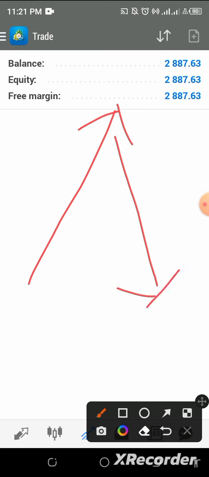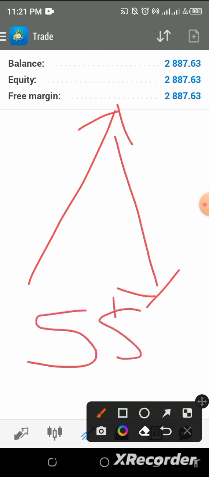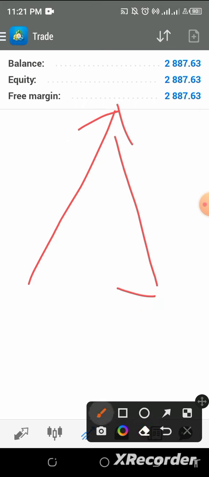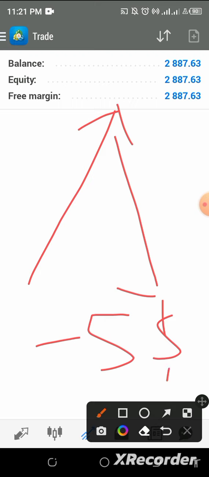It is better you take that average than to lose it all. Imagine you are in profit of $5 at this range, and then you did not take the profit in time. Your $5 can turn to minus $5 in your face. So it's good to take profit in time. Do not be greedy, guys.